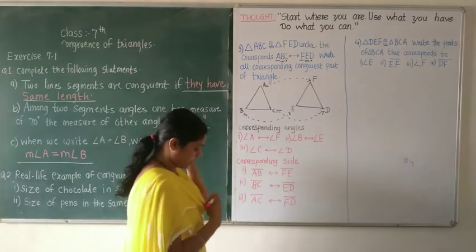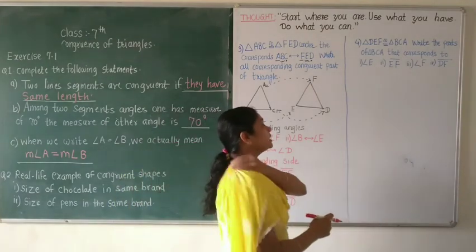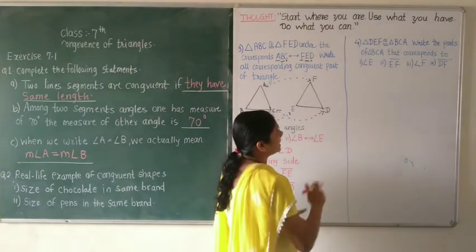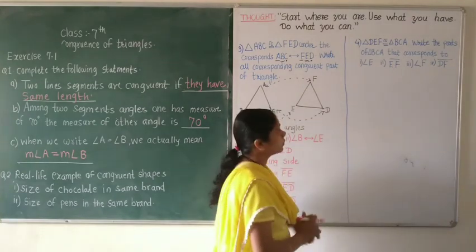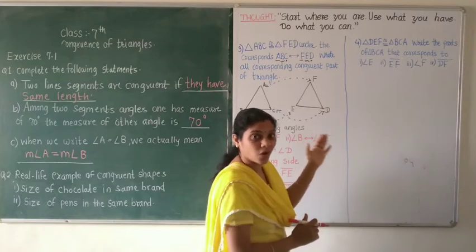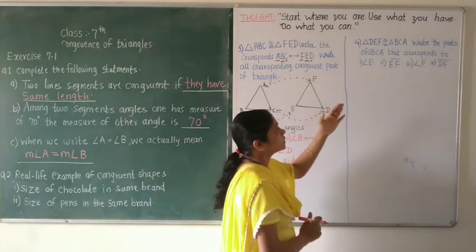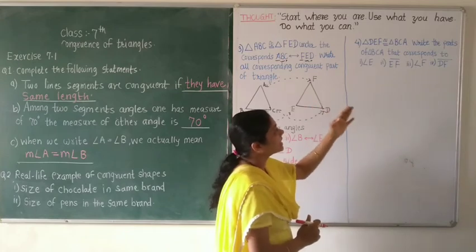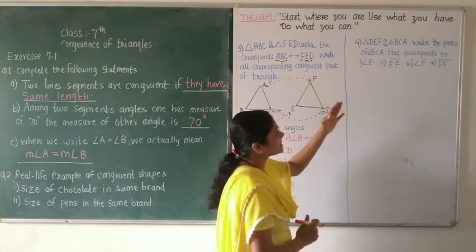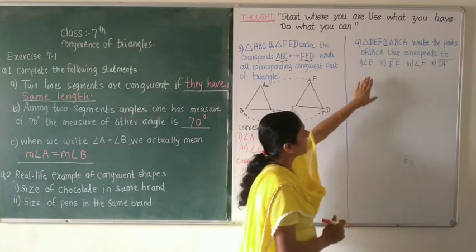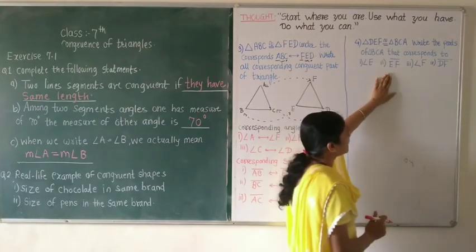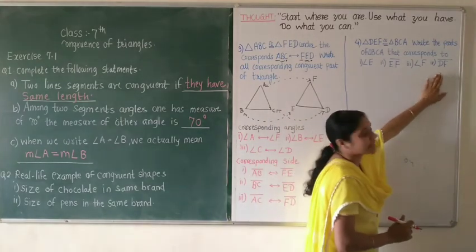Okay. Now we will move forward to our 4th question, that is triangle DEF. What do we have to call here? Congruent. Very good. Triangle DEF is congruent to triangle BCA, and write the parts of triangle BCA that correspond to angle E, segment EF, angle A and segment DF.